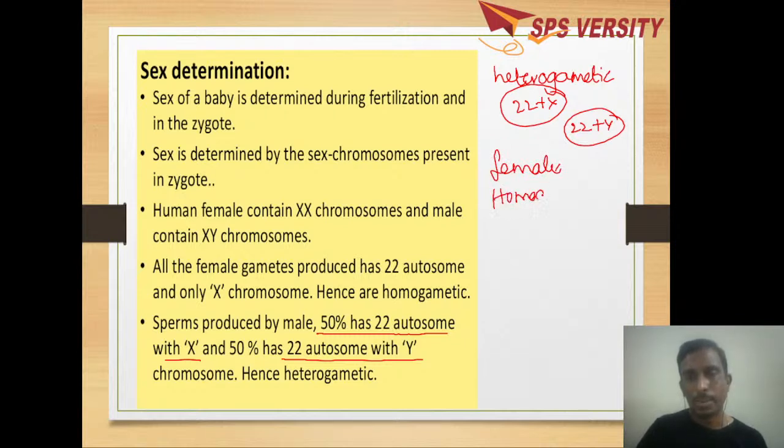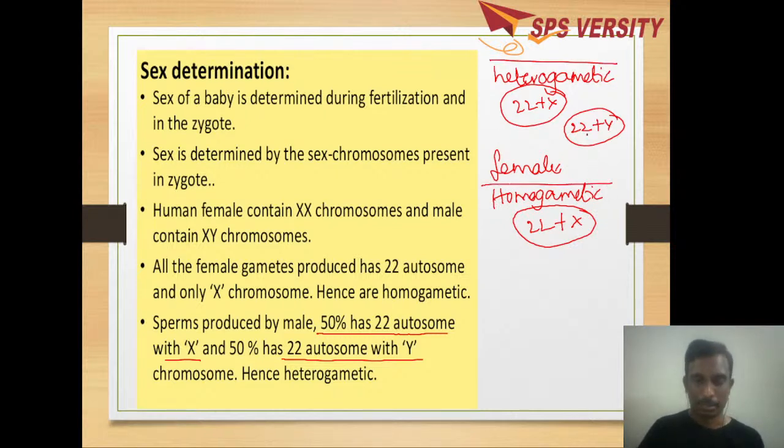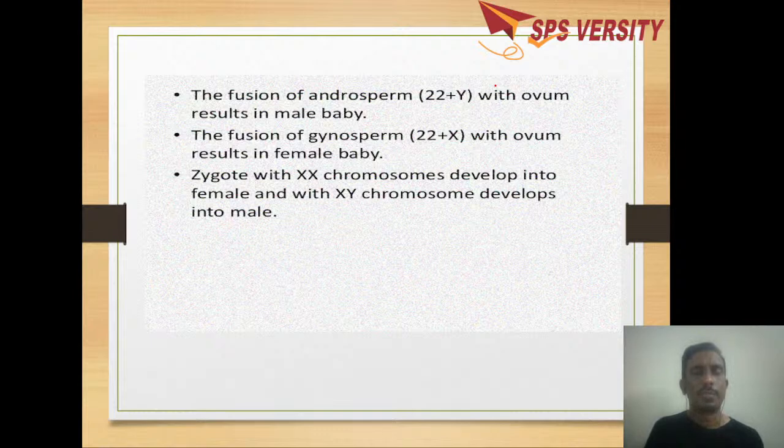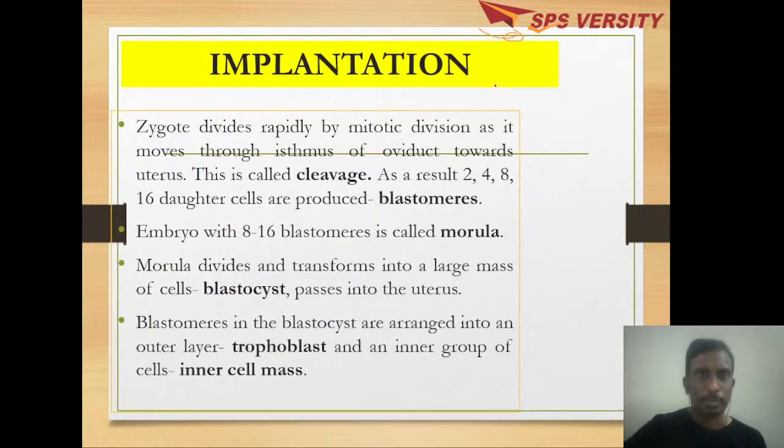Only one type of gamete is produced, that is 22 plus X. So in humans, males are heterogametic and females are homogametic. Homo means only one type of gamete is produced, hetero means two types of gametes are produced. So the sex of the child depends on the fusion with what type of sperm, whether it is androsperm or gynosperm.